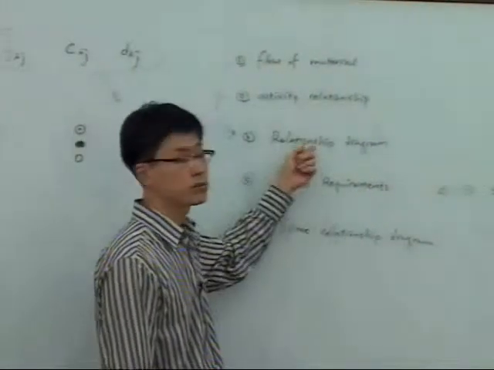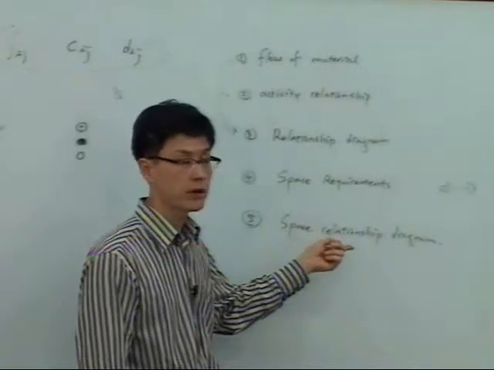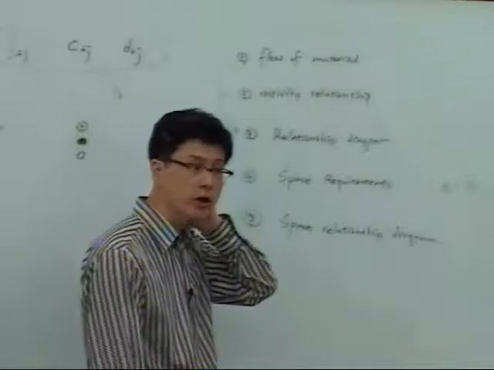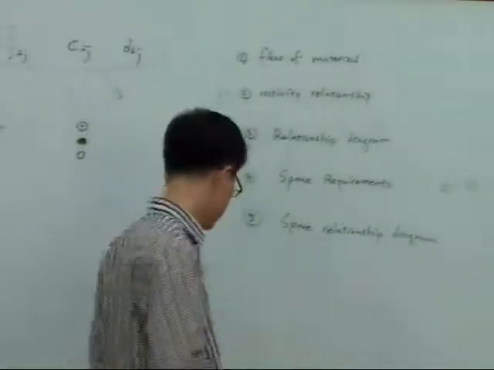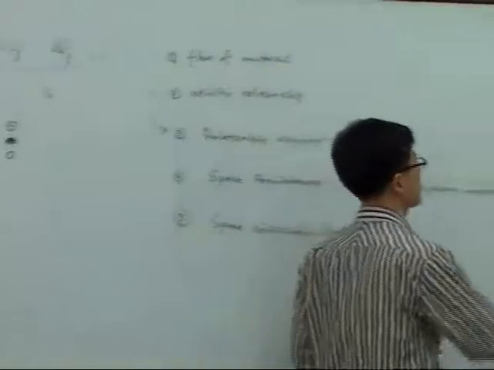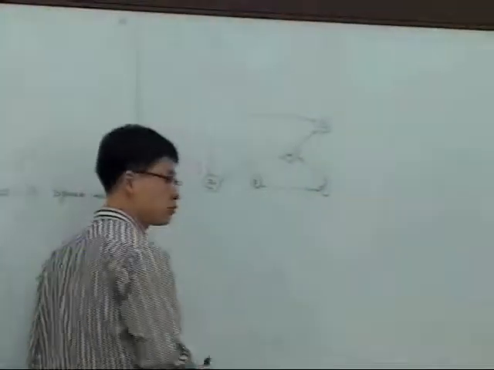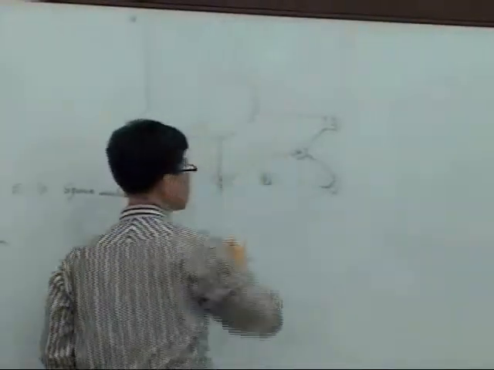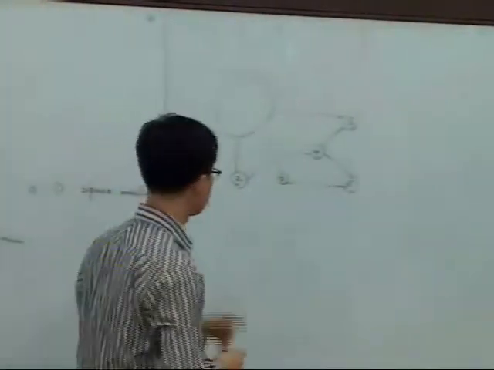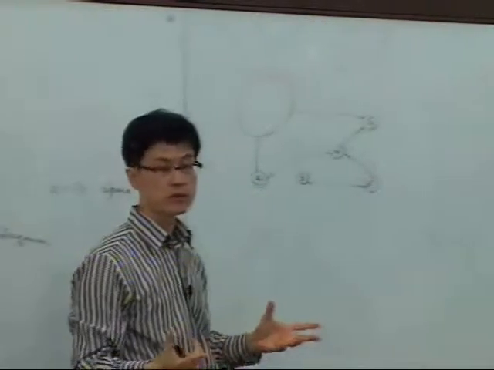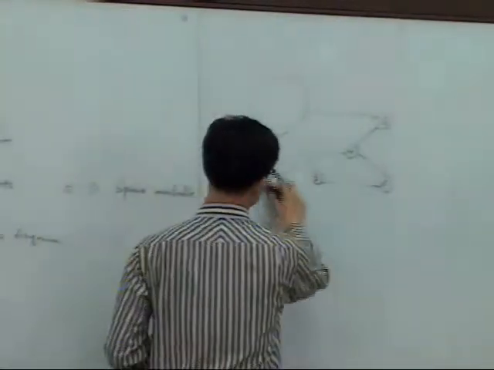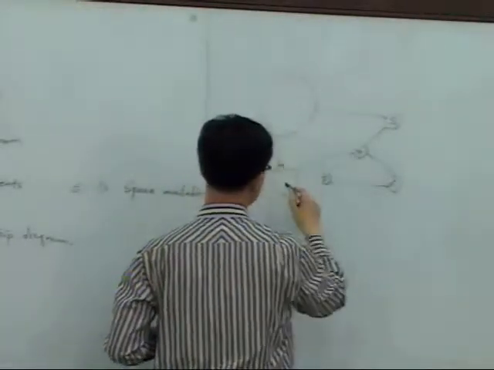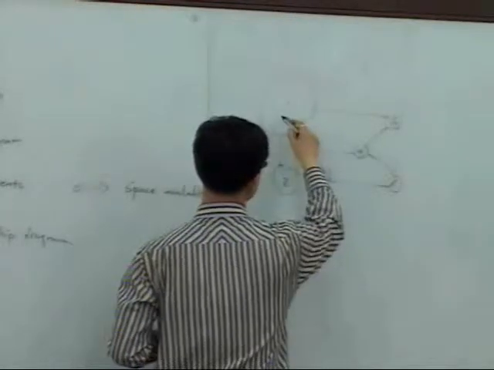It's just the extension of the relationship diagram with the additional information of the space. For example, if department number 1 requires 200 square meters, then you make department number 1 big enough to represent 200, and if department number 2 requires only 50, then the scale should be correct, a quarter of that.